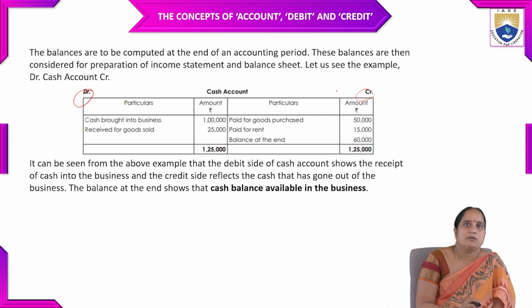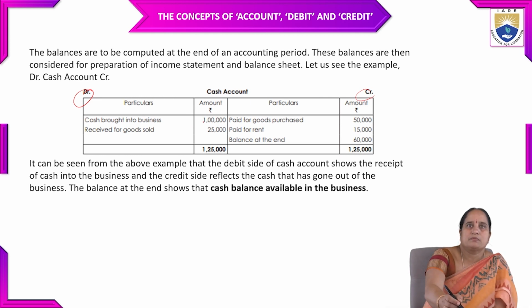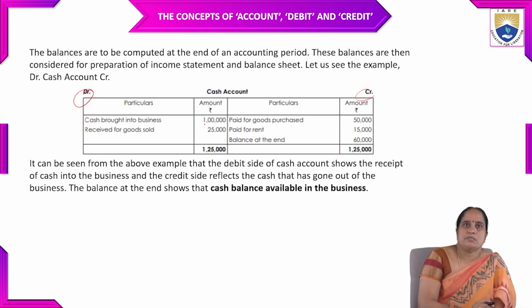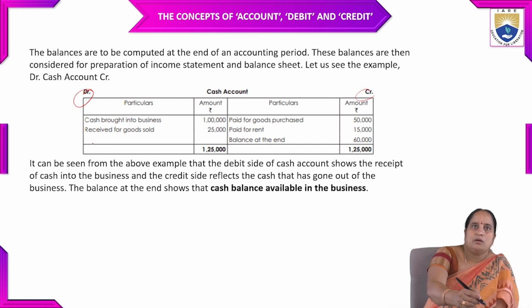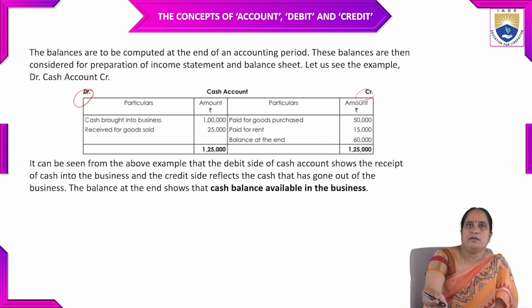Coming to the particulars, cash brought into business is 1 lakh rupees, which we invested in the business in the form of cash, and received for goods sold. So we have generated some revenue just by selling the goods, that we have mentioned as 25,000. Coming to the credit side, paid for goods purchased.